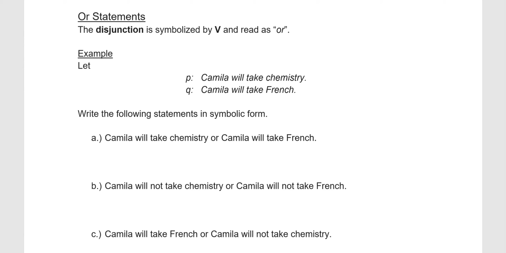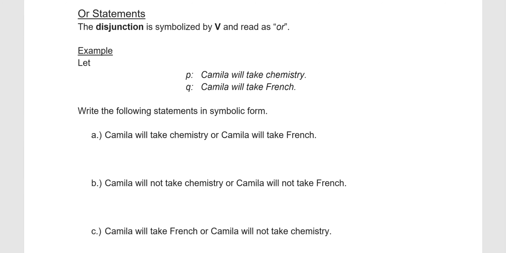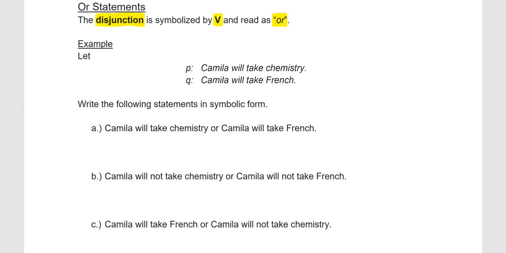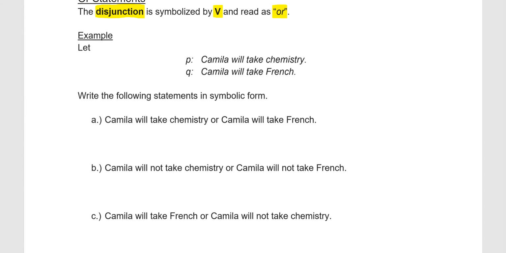Okay, for the next thing we have or statements. Or statements are called disjunctions, and they're going to be symbolized with the upside down of the conjunction symbol, which looks like a V, and we're going to read this as or. For example, let P be the statement Camilla will take chemistry, and Q is the statement Camilla will take French. Let's write the following statements in symbolic form.